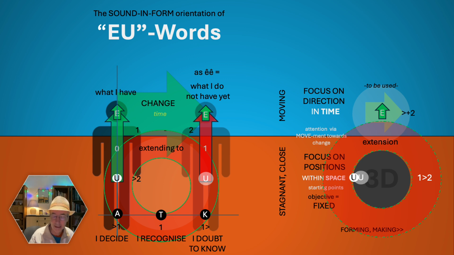So the letter A is the starting point of the whole system, where you yourself decide your interpretation. So A is going towards 1, going towards a definition. With T, it's number 1, it's that definition. You're starting to define it. So you start from your point of vision. With A, with T, you go to the object and you start to recognize what is there, what you have, and so on.